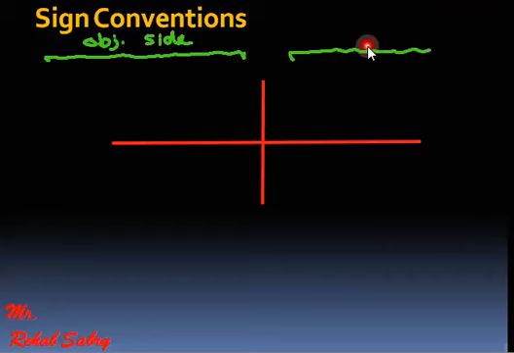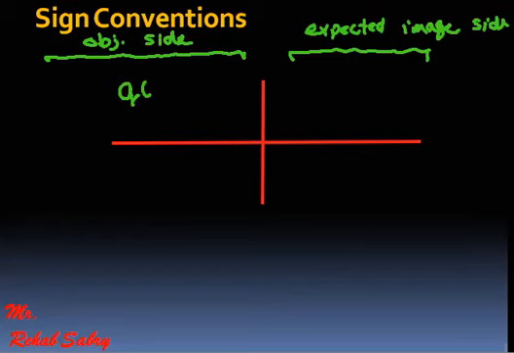This side is the expected image side. So here, if the object is here, it will be positive. No problem. Sorry, it's not Q, I'm so sorry.